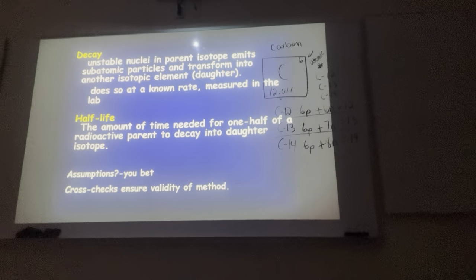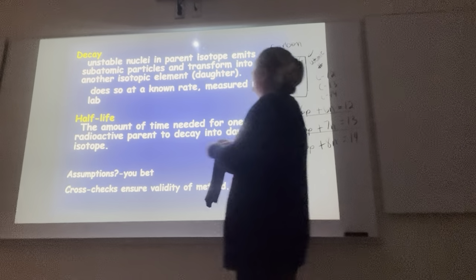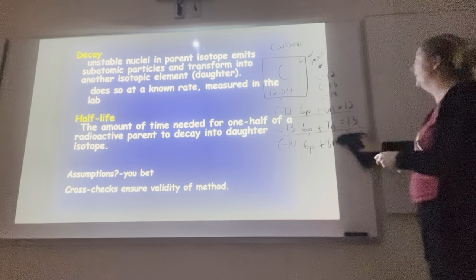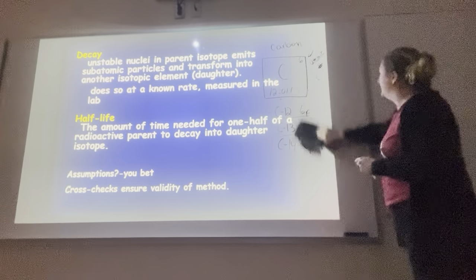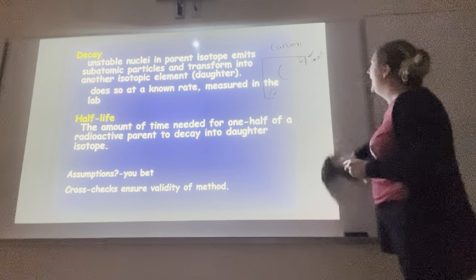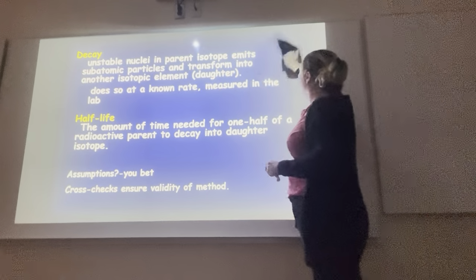All right, so some terms that we're going to need to know, some vocabulary terms. First is going to be decay. Decay is the process through which unstable nuclei in parent isotopes emit subatomic particles and transform into another element known as the daughter isotope. So in the decay reaction, you're starting with a larger unstable atom, and it's going to break down into a smaller, more stable atom.